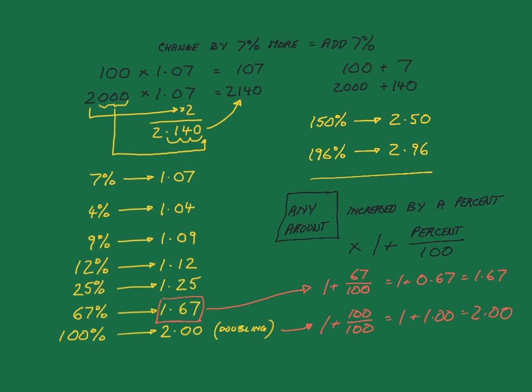And lastly, if I want to do, say, this one, I will just take 1 plus 196 over 100. And that will be 1.96. So I will get 1 plus 2.96.